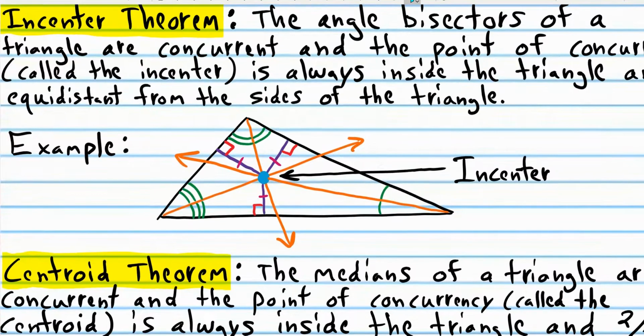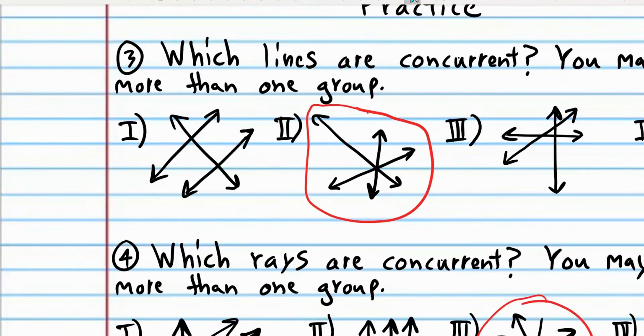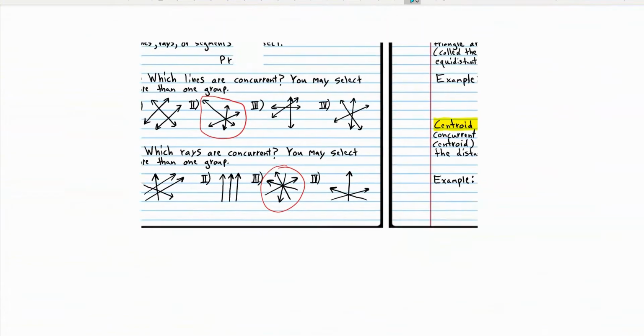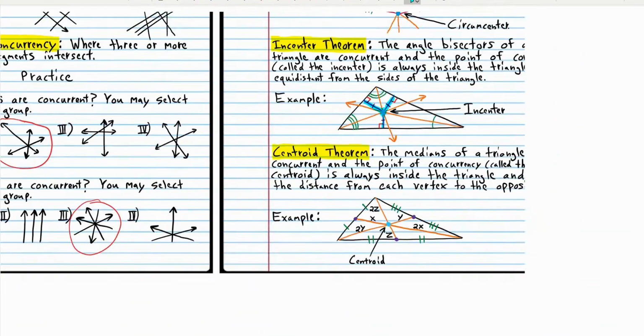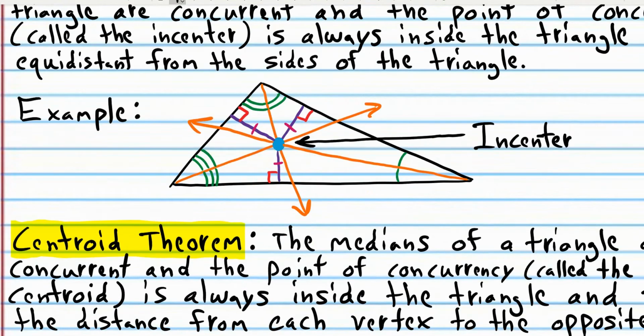And the distance from the incenter to the sides of the triangle, those distances are all equal. So one way to say it is the incenter is equidistant from the sides of the triangle. Those purple distances are all the same. They're all equal. The shortest distance from a point to a line is a segment that is perpendicular. That's why we have these red boxes.